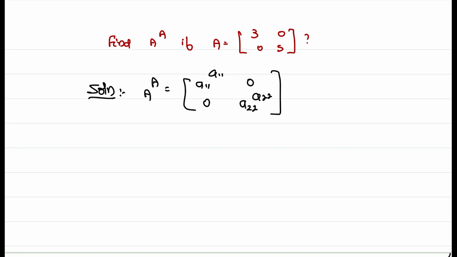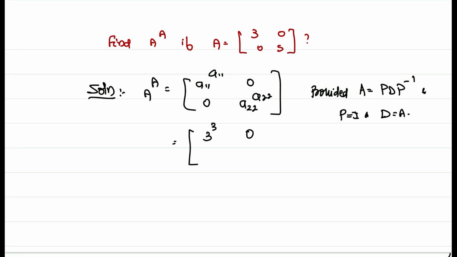Eigenvalues and eigenvectors are found, and A is equal to PDP inverse, where P is equal to I and D is equal to A. If these conditions are fulfilled, then we can directly write it this way, and for the given matrix it is 3 cube, 0, 0, 5 to the power of 5, that is equal to [27 0; 0 3125].